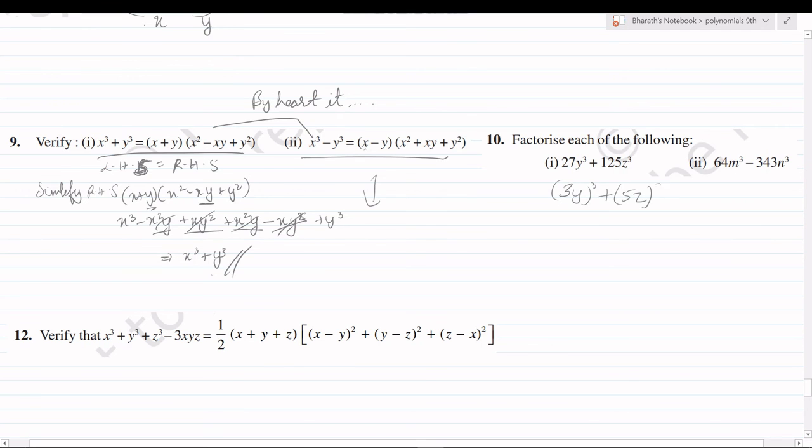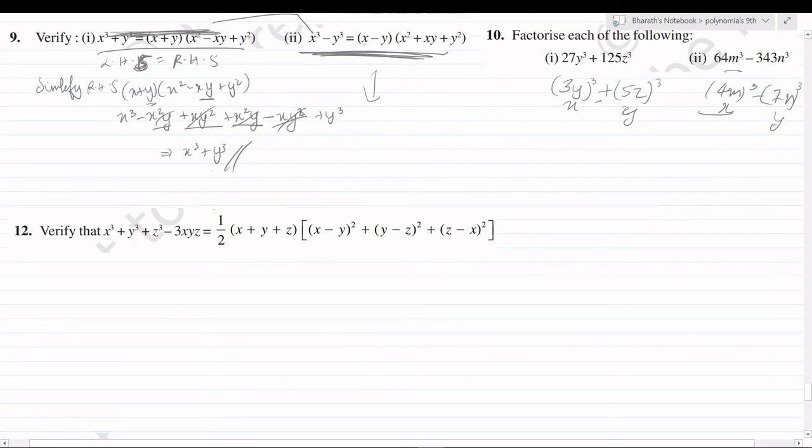Then use this here and you're done. Same thing here, 4m cube minus 343 cube, whose cube root is 7, 7n cube. Same thing, use this and you're done.